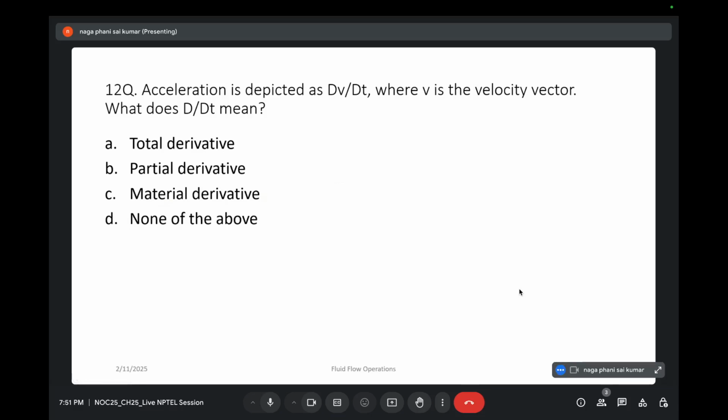Coming to the 12th question, the acceleration is demonstrated as dv by dt, where v is a velocity vector. What does d by dt mean? So this also we just discussed. Is it total derivative, partial derivative, material derivative, or none of the above? It is the material derivative, option C.